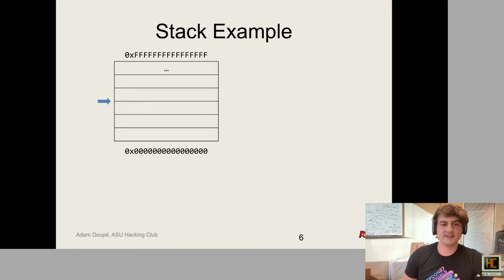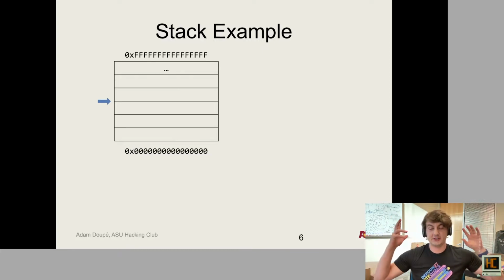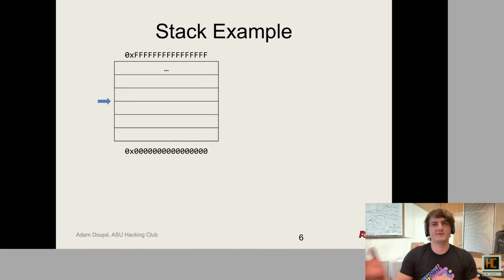So the way we think about this is, and this is the important concept when you think about it at the assembly level. At the high level with data structures, thinking about a stack in terms of push and pop is all you really need, because you have this nice interface.